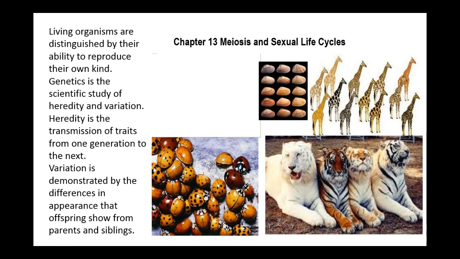So the traits are generally the same between all four, even though there's variety. And then variation is demonstrated by differences, and we can see the differences not only in these four siblings, but from the parents to the siblings.